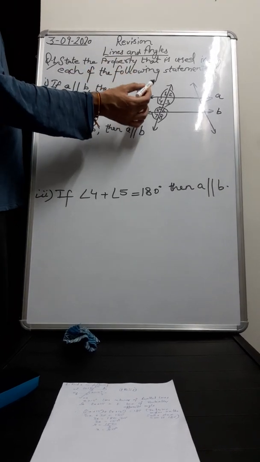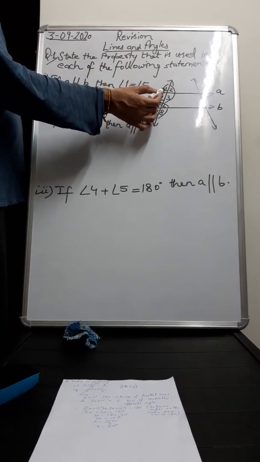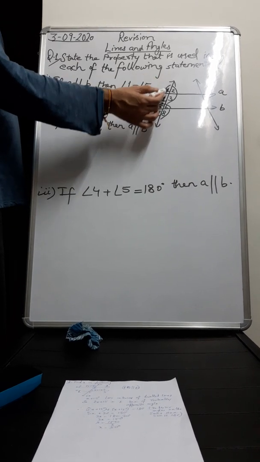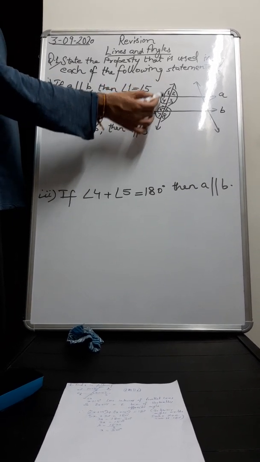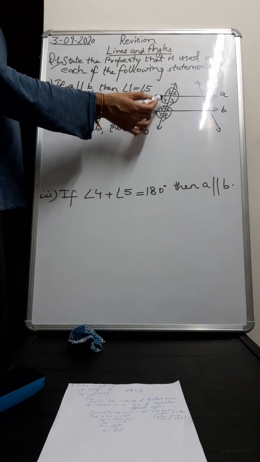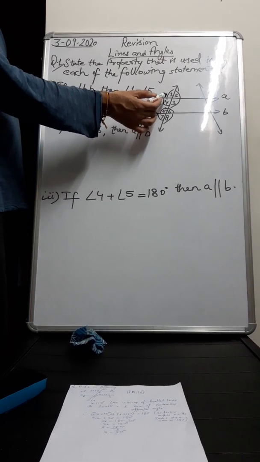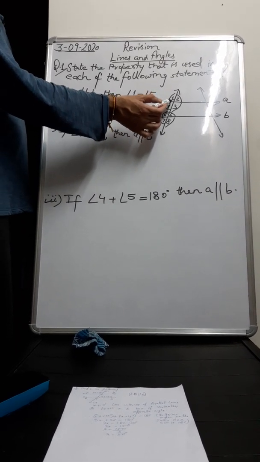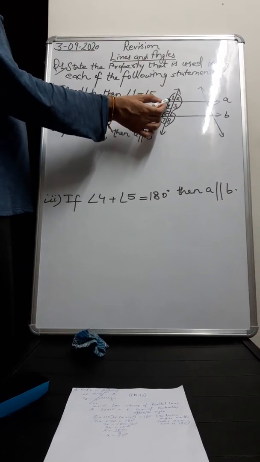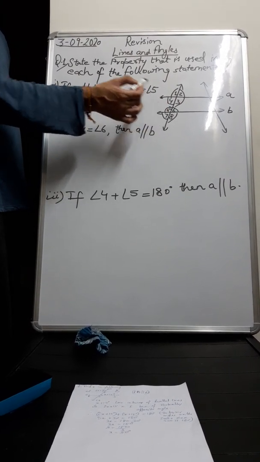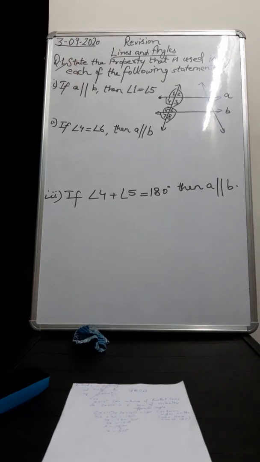angle 5. Now here we can see that angle 1 and angle 5 both are lying on the same side of a transversal, and it is a pair which is above a line. The angles which are lying above a line and on the same side are known as corresponding angles.